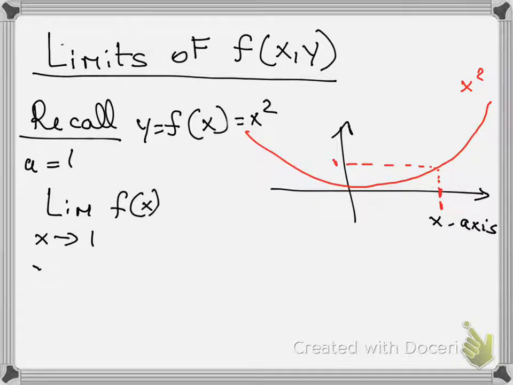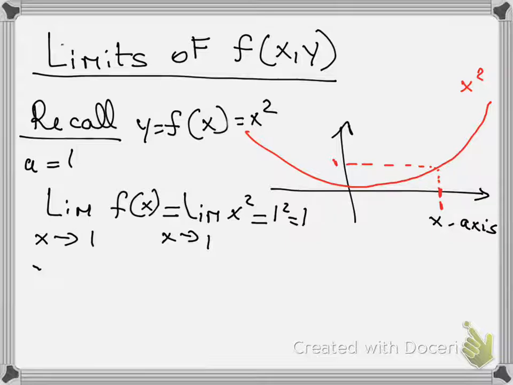So this is the limit as x goes to 1 of x squared. All we have to do is replace x by 1, so that's 1 squared, which is equal to 1.